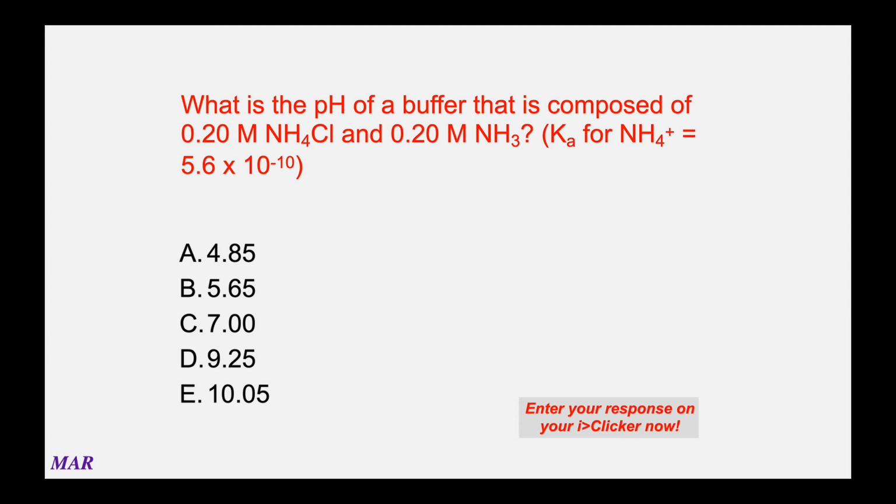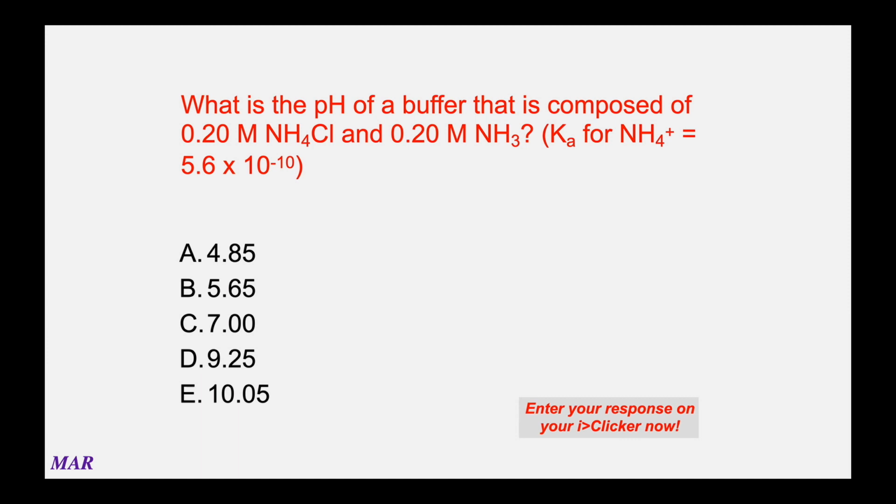I'm assuming you've worked on the problem, so let's do this problem. Like I said earlier, there are a couple different ways you could do this. You could set this up as an ICE table. You'd have ammonium chloride plus water making ammonia and hydronium and chloride, and you pull the chloride out.